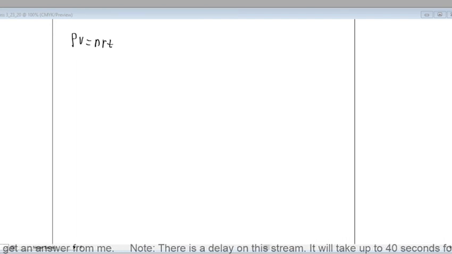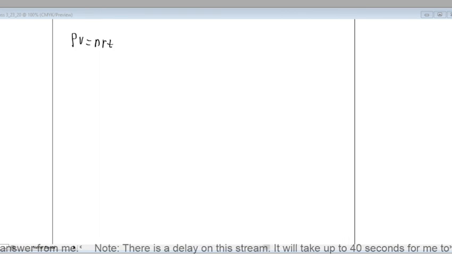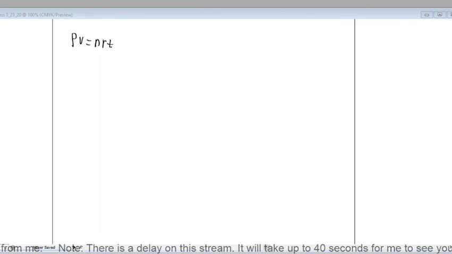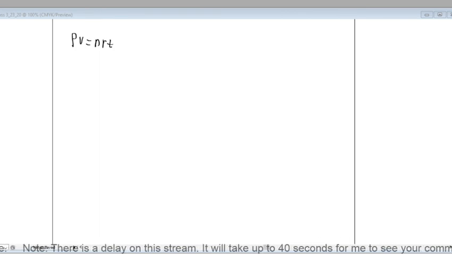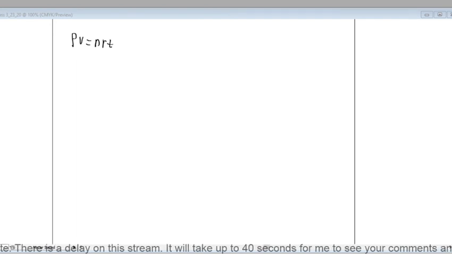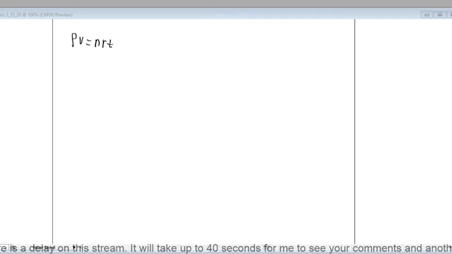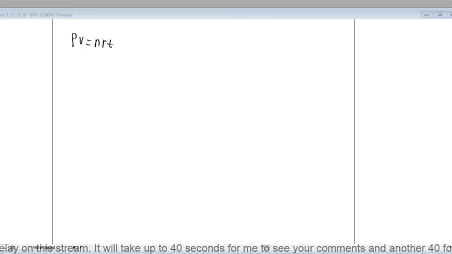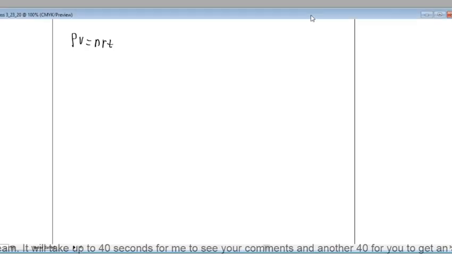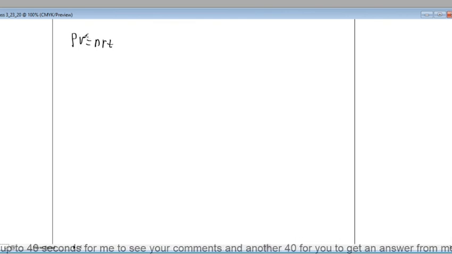So what is this equation? This is the ideal gas law. If you took physics in high school, you might have seen this equation. It basically helps us understand the relationship between volume and pressure and temperature. So we have pressure, volume, temperature, okay?